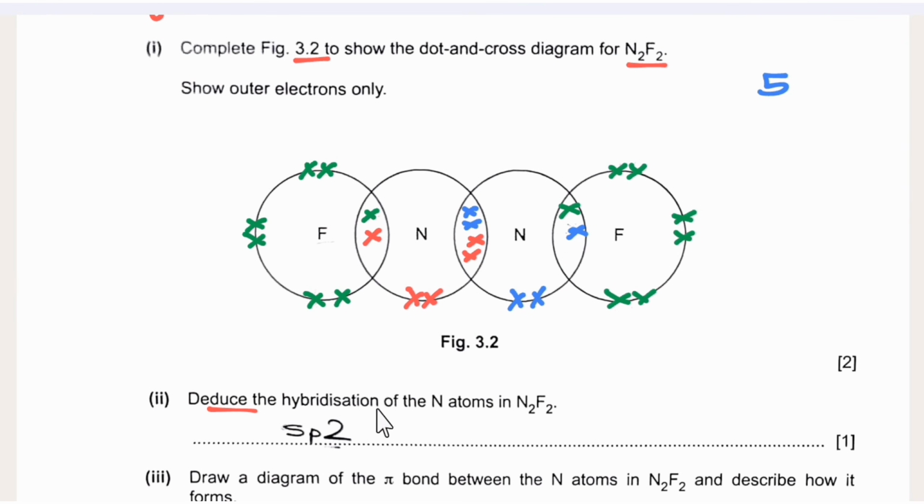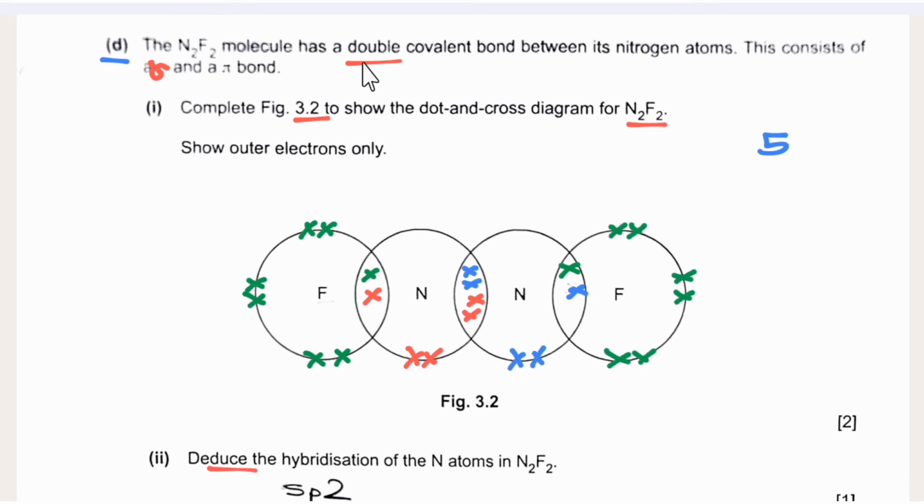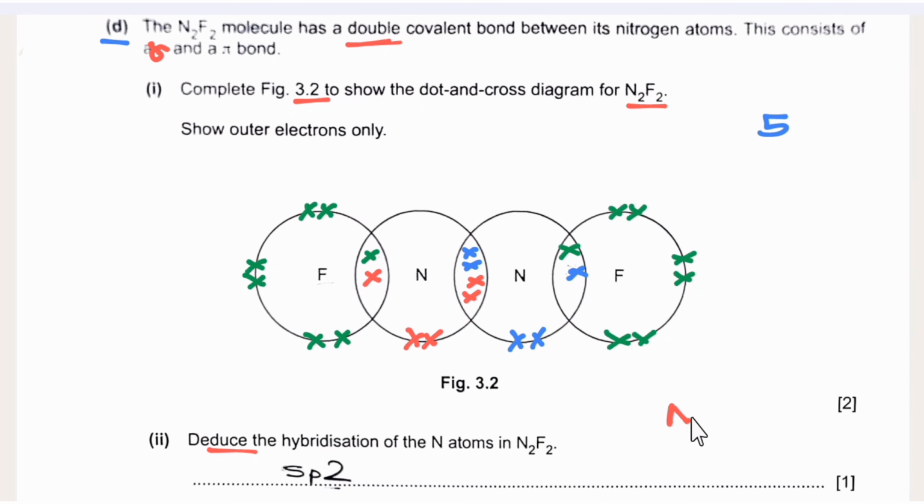Then deduce the hybridization of nitrogen in N2F2. Since a double covalent bond is present between the nitrogen atoms, and nitrogen is attached to 2 atoms with one lone pair of electrons, that makes 3, so it is sp2 hybridized.